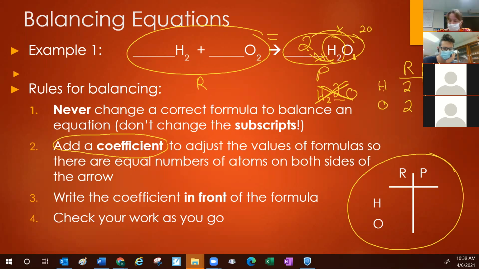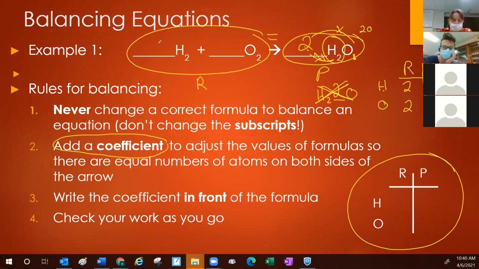If we go back to the reactant side, we need to turn that into 4. So what can we do to change that hydrogen into 4 without changing the subscript? Grace, what do you think? How can we change that into 4 on the left side? Two to which one?